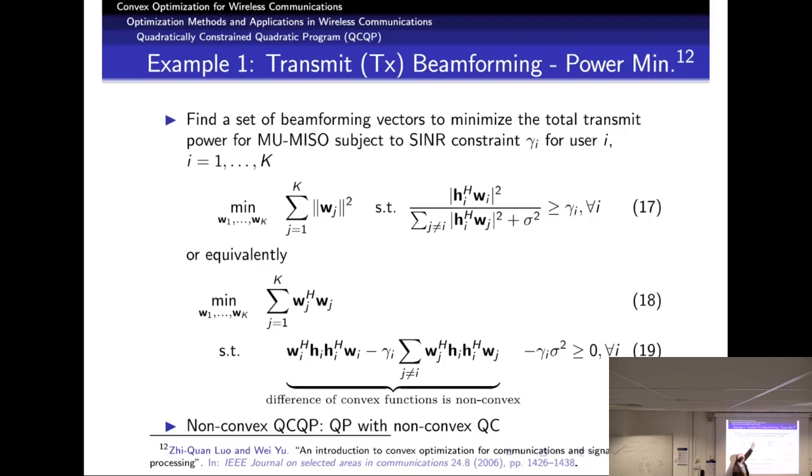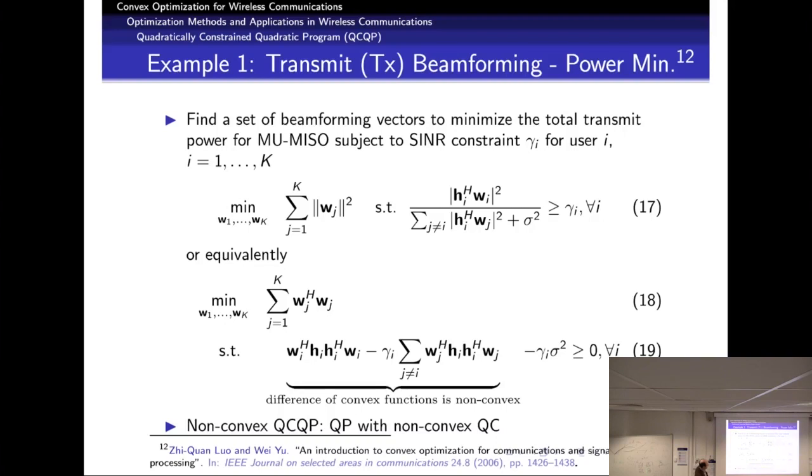So essentially the norm squared of W_i means the power that is allocated to stream i, for the second stream, for instance. And I'm summing over all of them. So this is the total power that would be allocated to this system at the transmission. And now I'm subject to an SINR constraint. I have my intended signal power, and I have the interference created by the beam, or the precoder j, to user i, for instance.